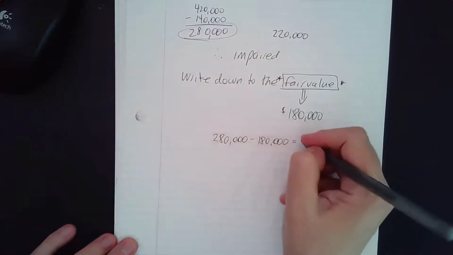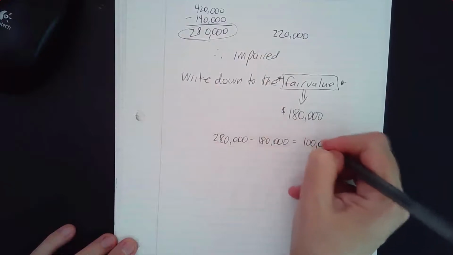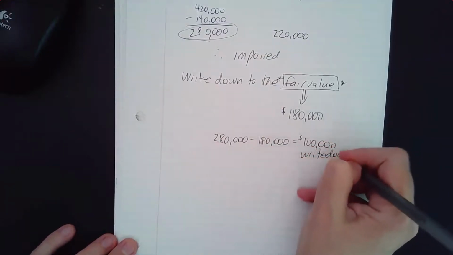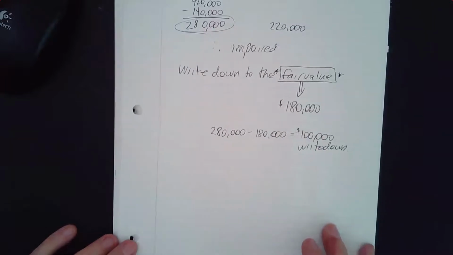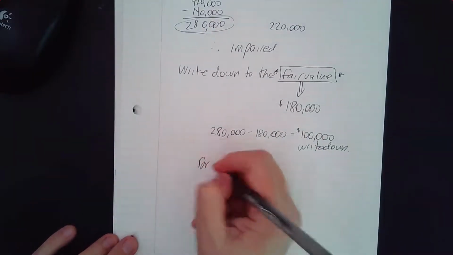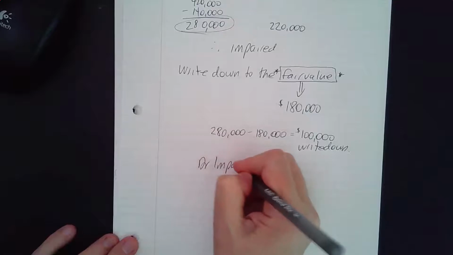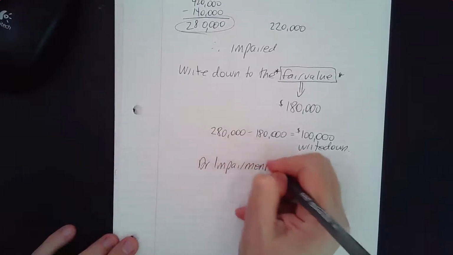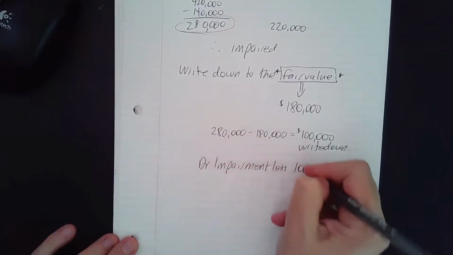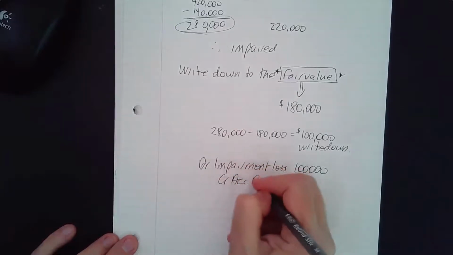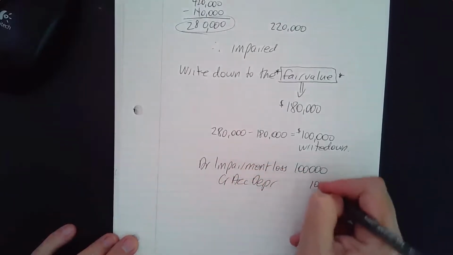I need a write down of $100,000. So now what am I going to do? I'm going to do a debit to the impairment loss of $100,000 and a credit to accumulated depreciation, $100,000.